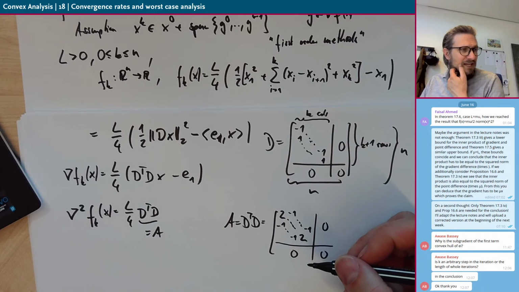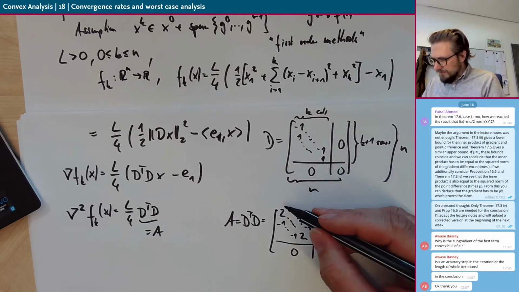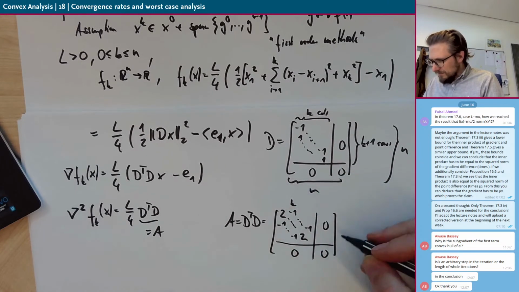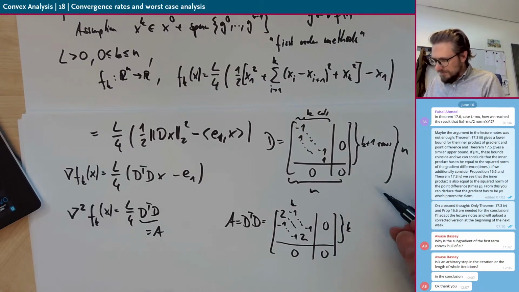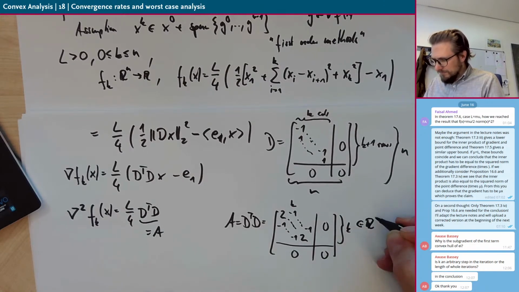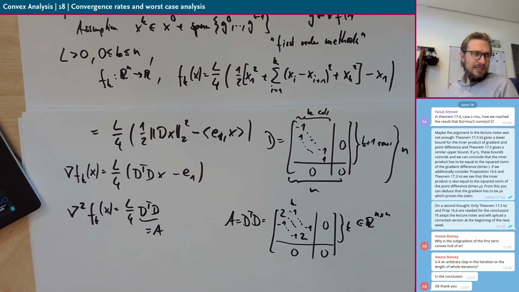If I'm not mistaken, these are the first k columns and k rows, and it's still n by n. That's how D transpose D works.